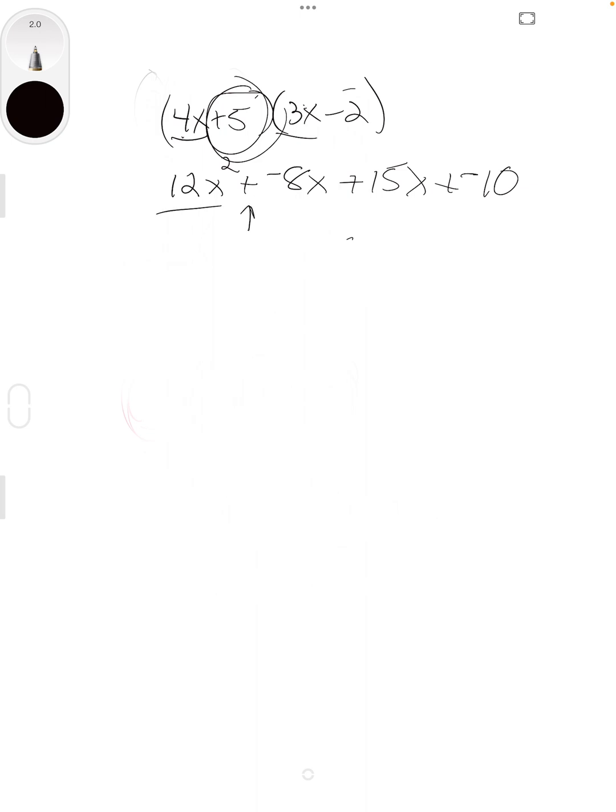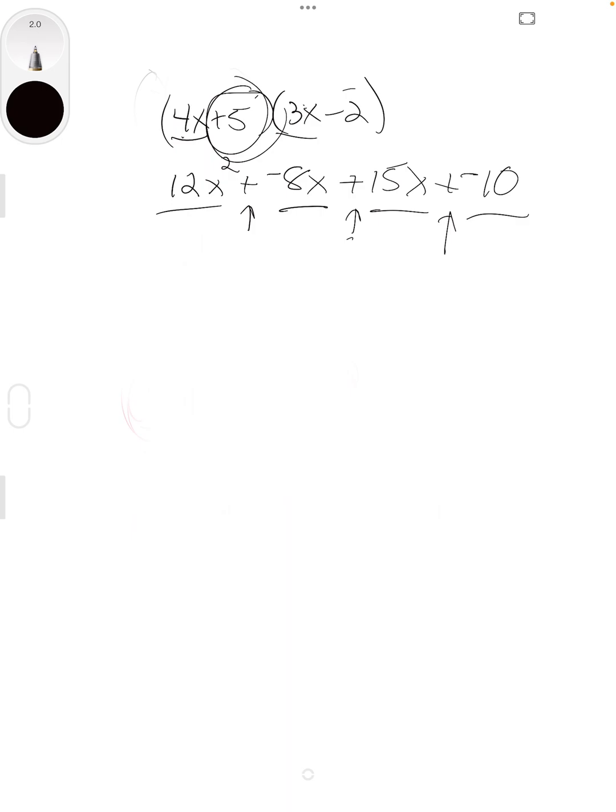It's going to be 12x squared, that's 4x times 3x, plus 4x times negative 2, it's actually plus a negative 8x, plus 5 times 3x is 15x, plus 5 times negative 2 is negative 10. Notice how in my head I said this plus this plus this plus this, even if it was a negative sign. That really helps.